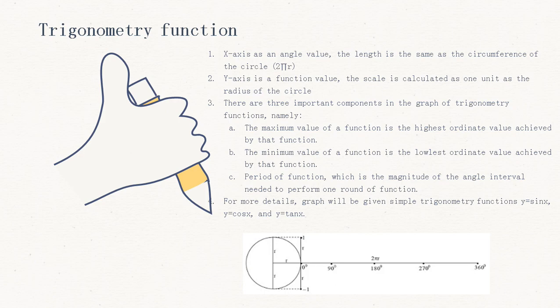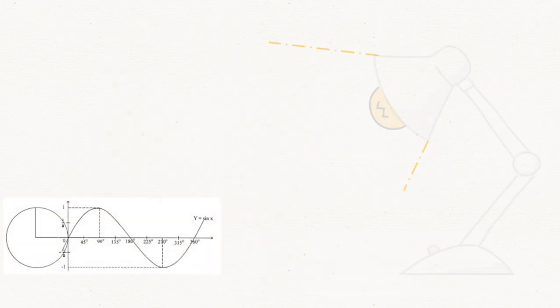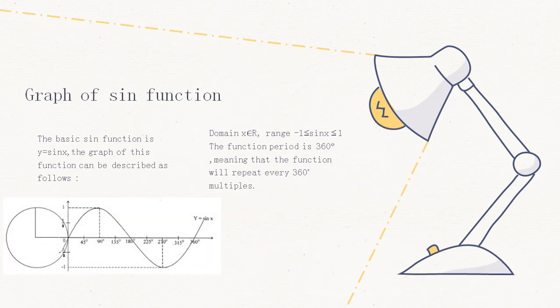This is a sample of the graph of the sin function. The basic sin function is y equal sin x. The graph of this function can be described as follows in this picture.